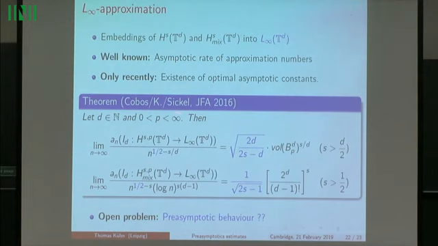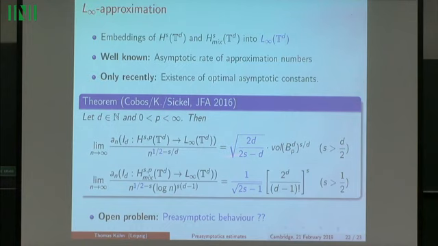In the isotropic case, if we use L2 approximation, the rate is n to the minus s over d, and we have an embedding of H^s into L-infinity if and only if s is bigger than d over 2. So if s is bigger than d over 2, still something is left.